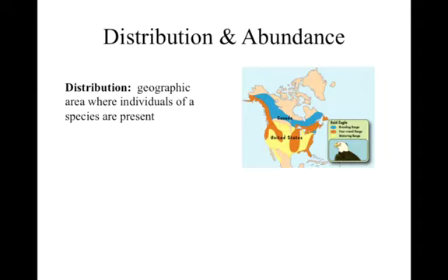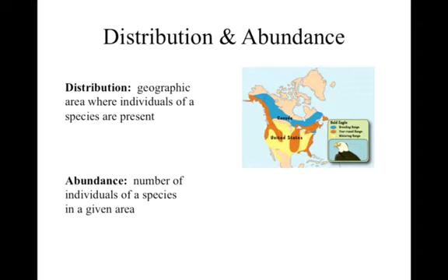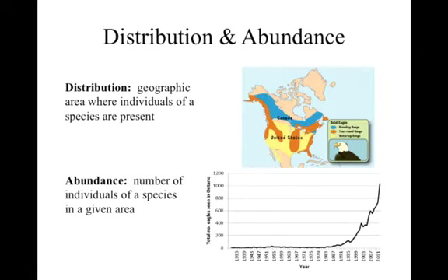But it turns out distribution is only one part of the story about a population. Abundance is another big factor. Abundance is the number of individuals of a species in a given area. If you look at bald eagles in Toronto, in fact, if you look at bald eagles in all of Ontario, I was living in Toronto up until the mid-90s, and what you'll notice is that in all of Ontario, there were less than 100 bald eagles up until about 1995.